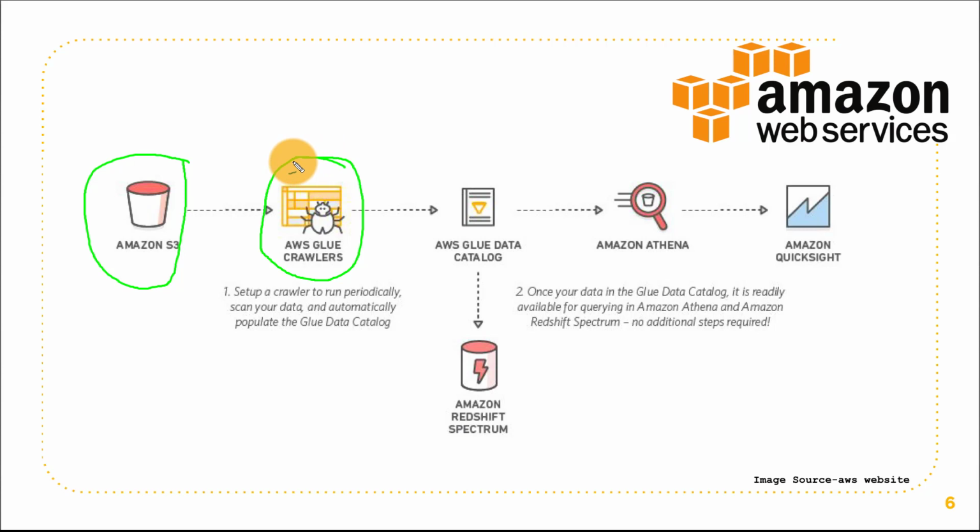They run periodically or they can run on an ad hoc basis and automatically populate the catalog. And that catalog is basically used by both systems. It can be used by Redshift Spectrum, or it can be used by Amazon Athena. From Athena, data can be sent to Amazon QuickSight, where you can use visualization tools and show it to your customers, or show it to your data analysts, who perform crucial decision making.